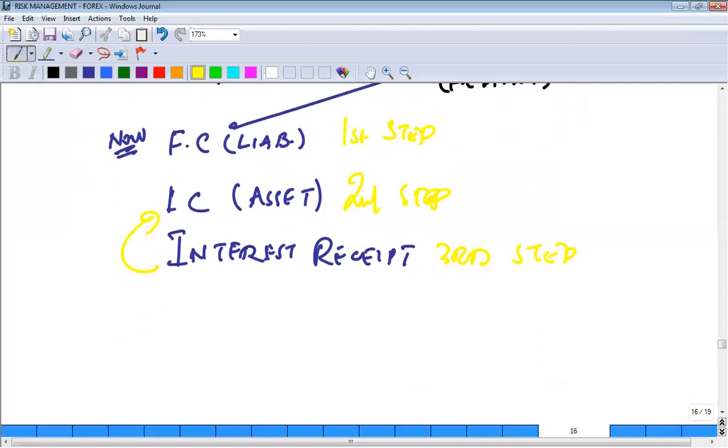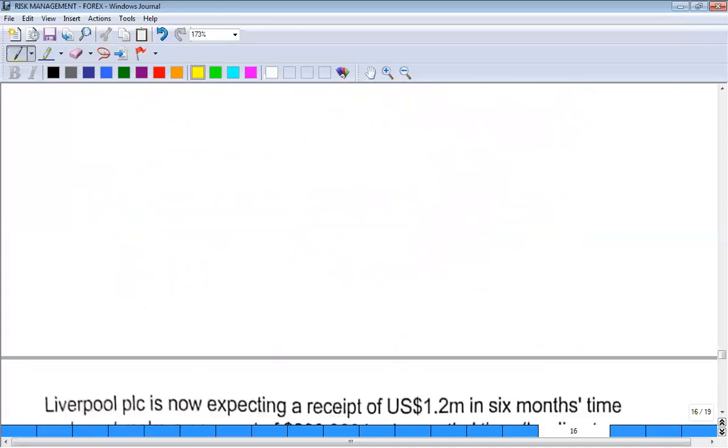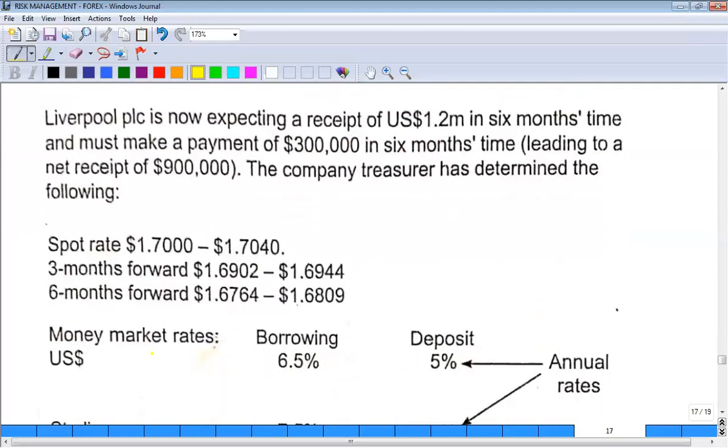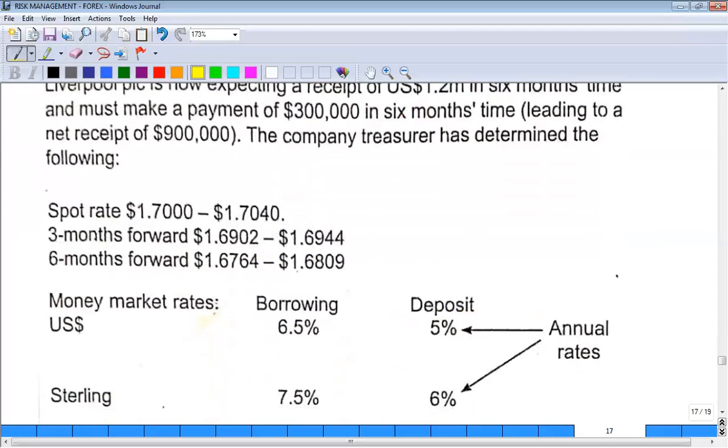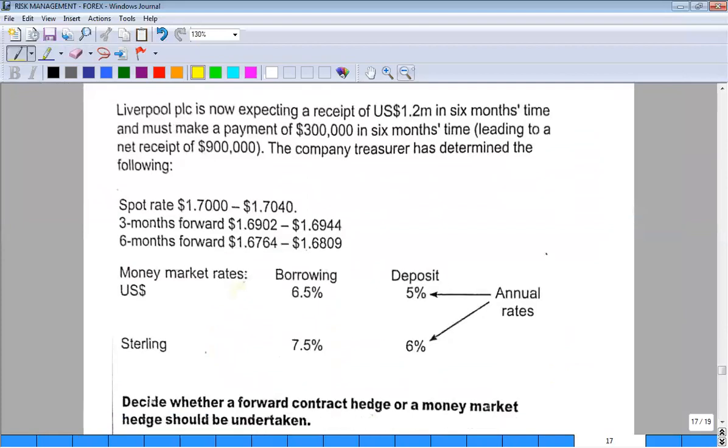Now candidates, moving towards the question based on receipts. That is the case of receipts. Please read the question once. Decide whether a forward contract hedge or money market hedge should be undertaken.